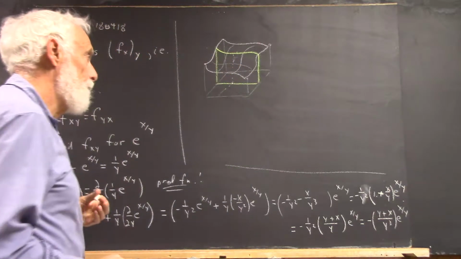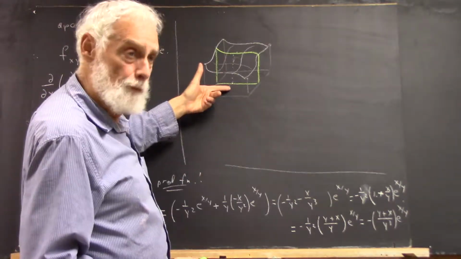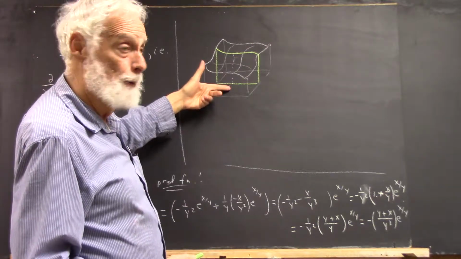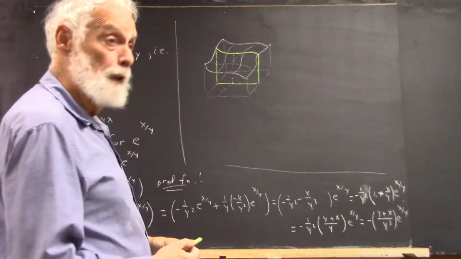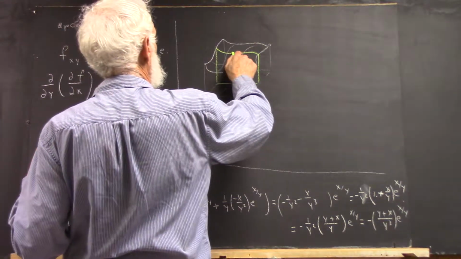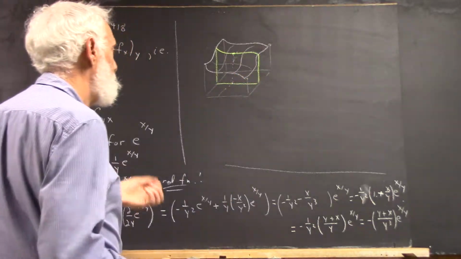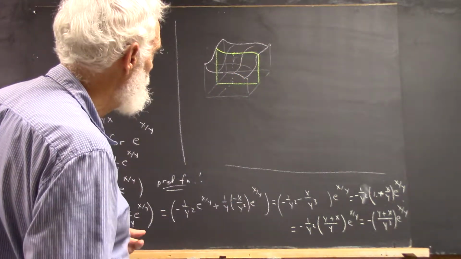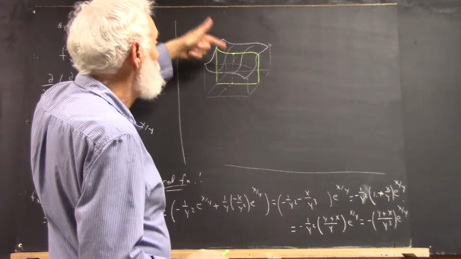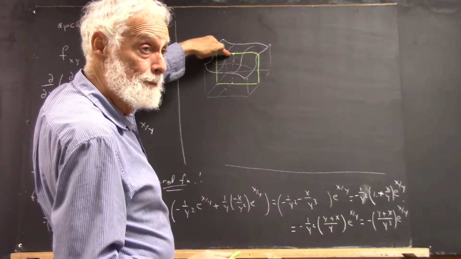It corresponds to a plane through this point, for a given value of x, okay? Well, in that case, the slope of the curve at this point would be the partial derivative with respect to y.